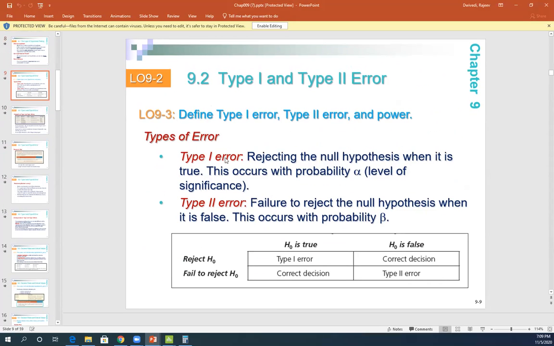This is type 1 error: rejecting the null hypothesis when it is true. This occurs with probability alpha level. Let's say in any example the hypothesis is true, and by mistake you put, instead of 98%, 97%, or instead of 99, 98% significance level. What will happen in that case?